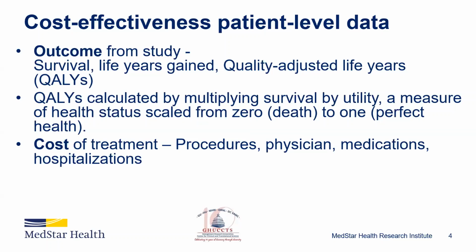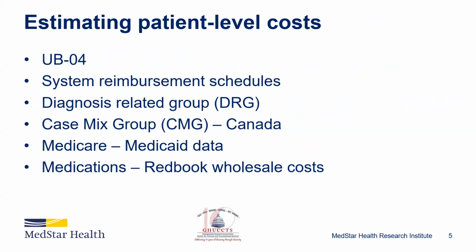I'll talk a little bit about that in more detail, but basically a QALY is calculated by multiplying survival by a utility, which is a measure of health status. It's scaled from 0 to 1, with 0 meaning death and 1 being perfect health. And then, of course, we need data on the cost of the treatment or procedure or medication, hospitalizations, different things that might go into estimating the cost of a treatment.